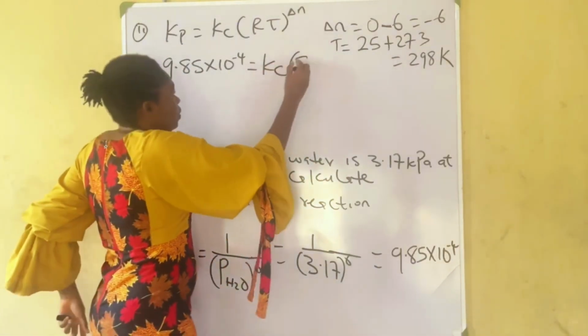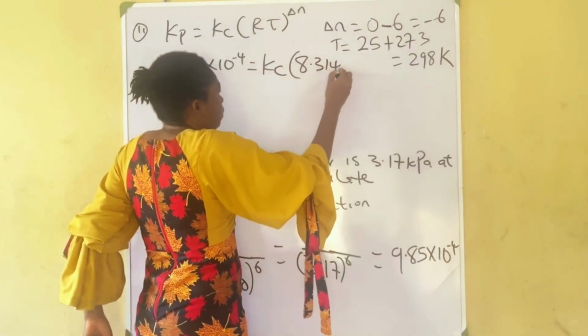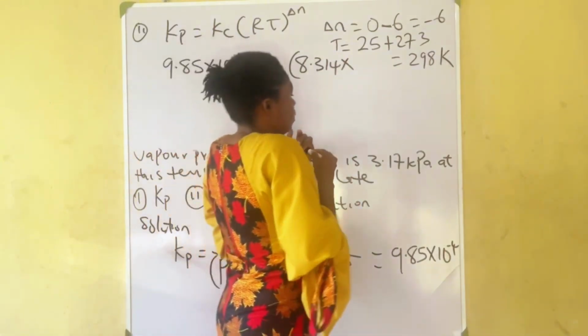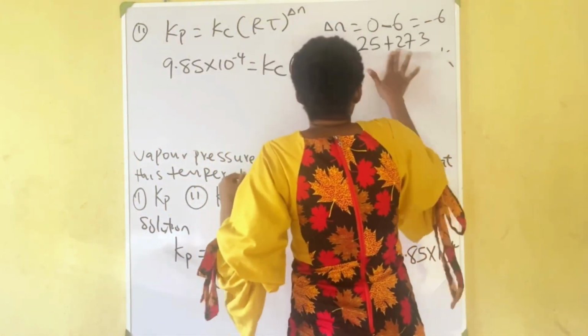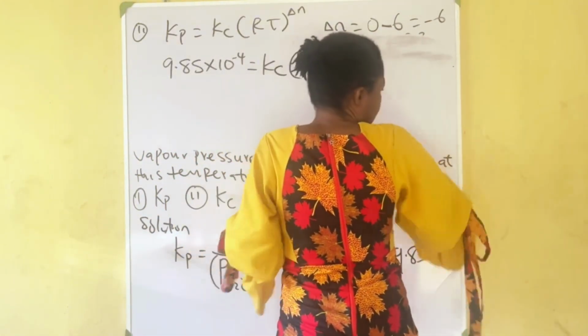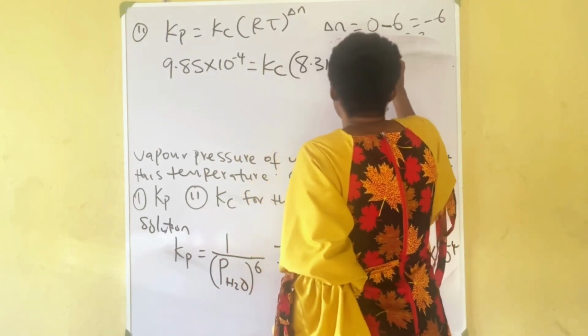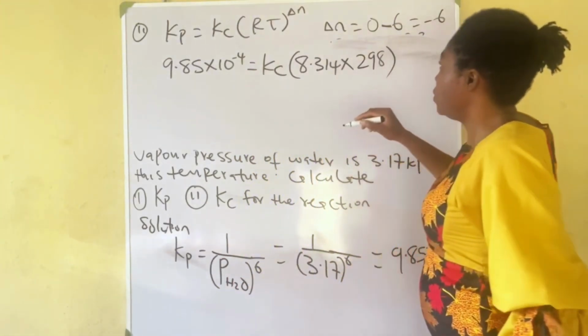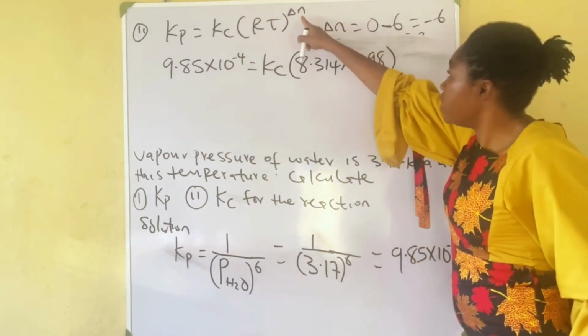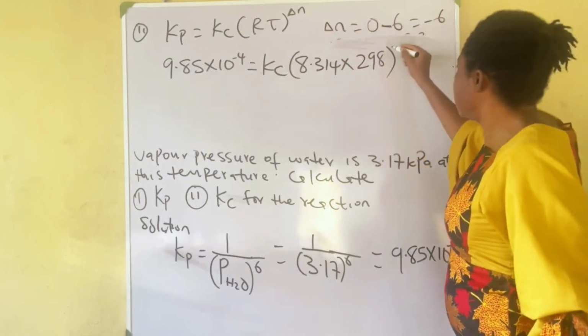So 8.314 times the temperature, 298, raised to the change in stoichiometric coefficient, which is minus 6.